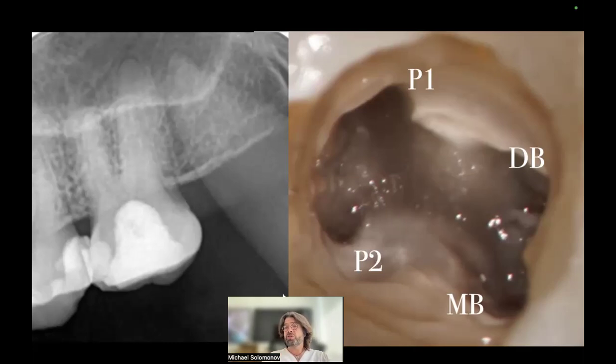The second possibility, very interesting, is a palatal canal and a mesiopalatal canal. This was first described in the literature by Professor Marco Versiani last year. And of course, we have the possibility of a palatal canal and a second mesiobuccal canal, a really very rare configuration, but also possible.